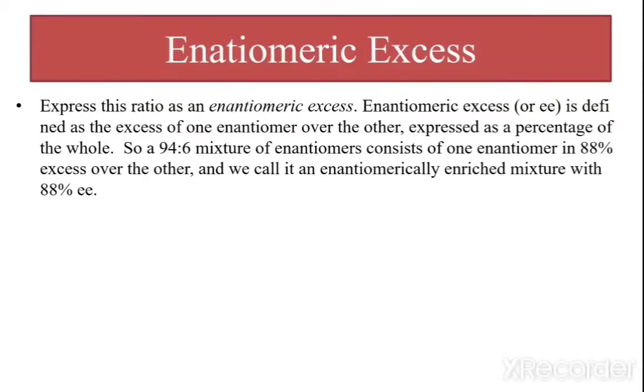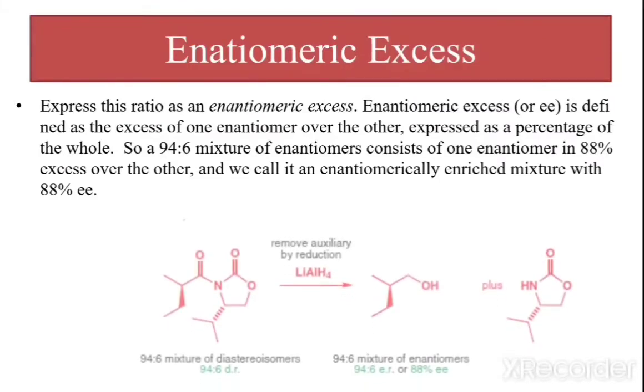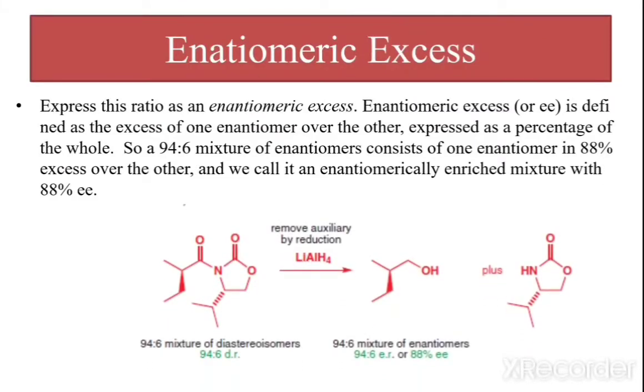So the 94:6 mixture of enantiomers consists of one enantiomer in 88% excess over the other, and we call it an enantiomerically enriched mixture with 88% EE. In this simple reaction, this is the 94:6 mixture of diastereomers, and here we remove the chiral auxiliary by reduction using lithium aluminum hydride.